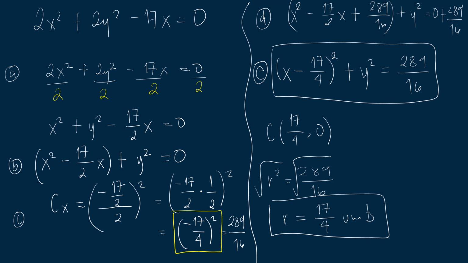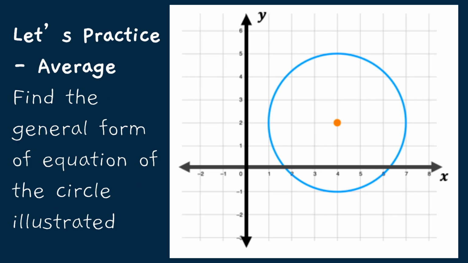Okay? Next example would be, we will use an example of a graph. Next example, we have this illustration. Find the general equation of the circle illustrated. So you need to identify first the general equation.